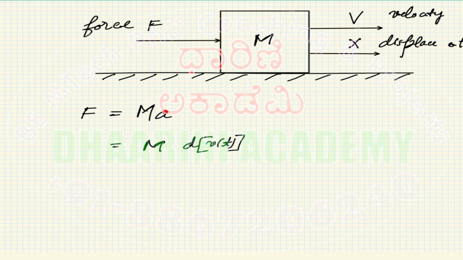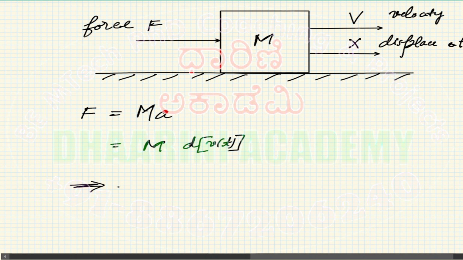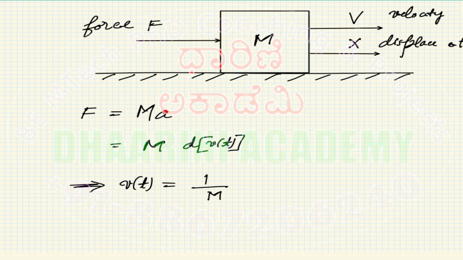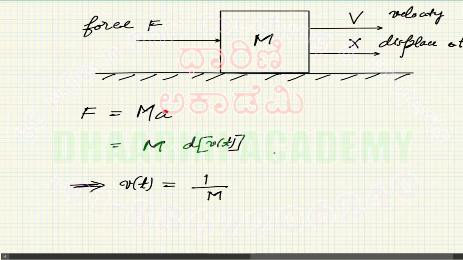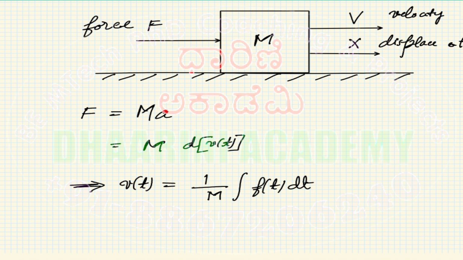I have to do the reverse process, correct? So v of t should be equal to 1 by m times the integration of f of t dt. Is it fine?